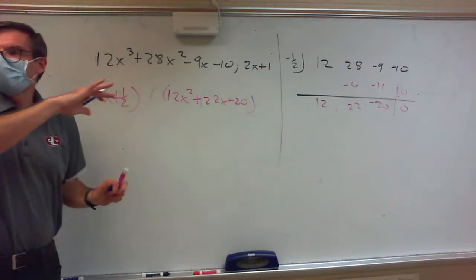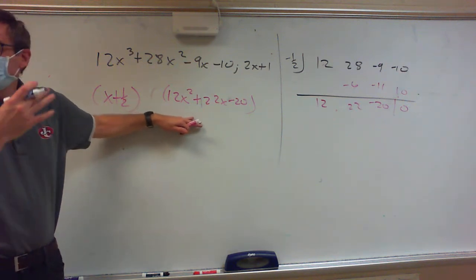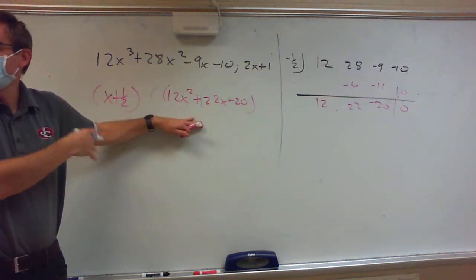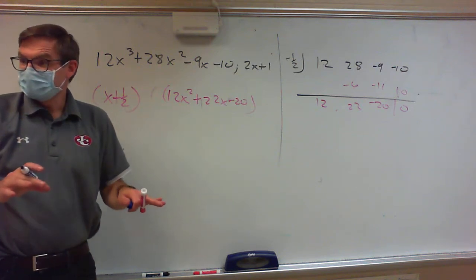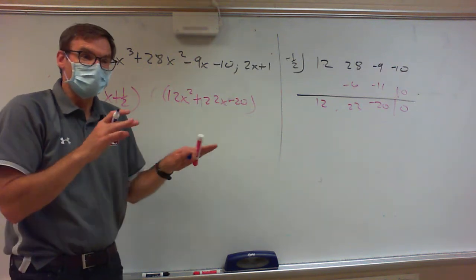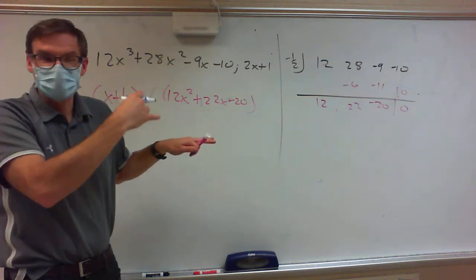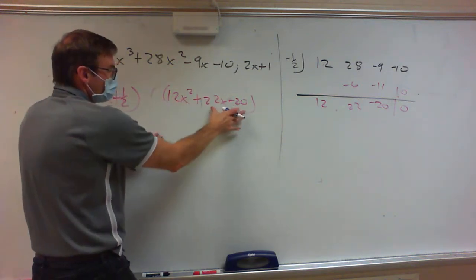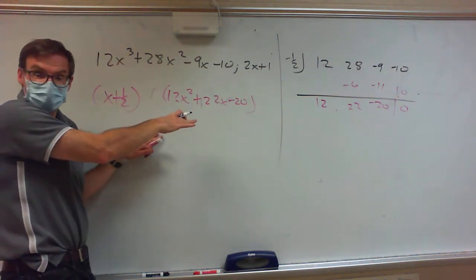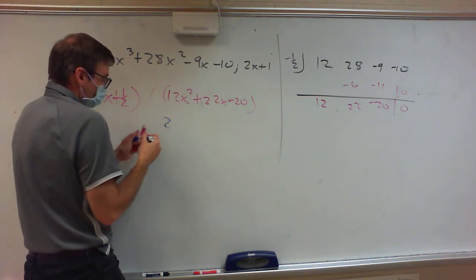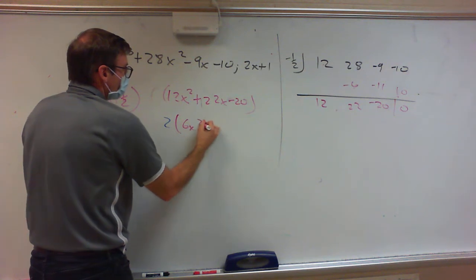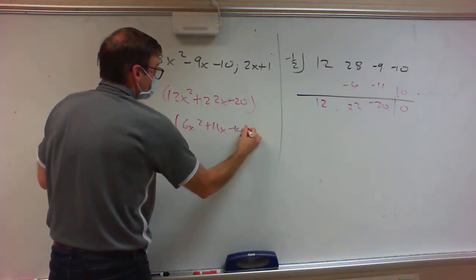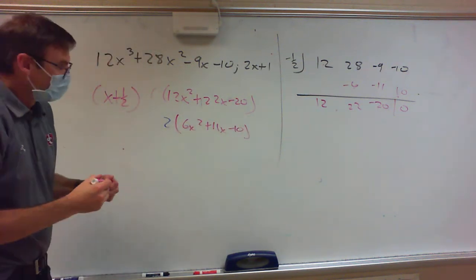Actually, don't write, just watch, because what I'm about to do is a whole lot of writing that you'll never have to do. But I have to put the step down so you actually see what's going on. There's a 2 in common here, so I'm going to pull the 2 out. And so when I pull the 2 out, this gives me 6x squared plus 11x minus 10. Everybody okay that I pulled the 2 out there?